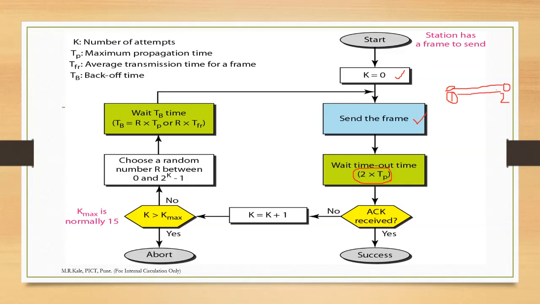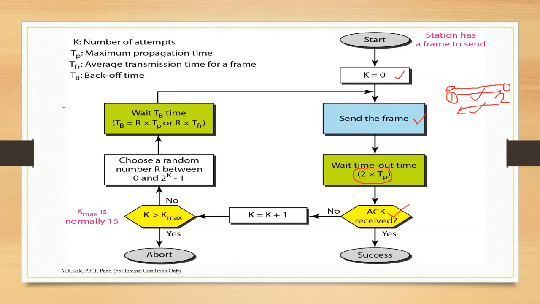This is one time TP. Data reaches there, 2 will send an acknowledgement, and the time taken for the acknowledgement to reach 1 is also TP. So sending TP and acknowledgement TP makes it 2 into TP. So for 2 into TP time, the sender has to wait.